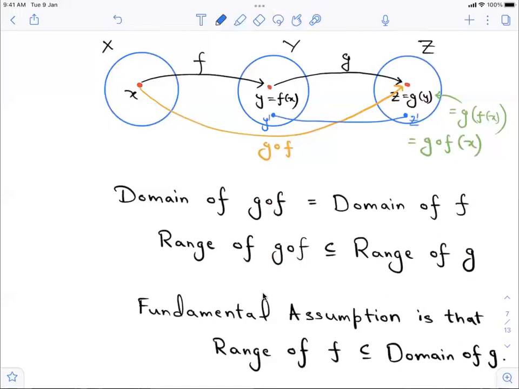Then Z dash will fail to be an image of an element from X, because Z dash can only be an image of an element from X provided its pre-image, which is just Y dash, has some pre-image in capital X.